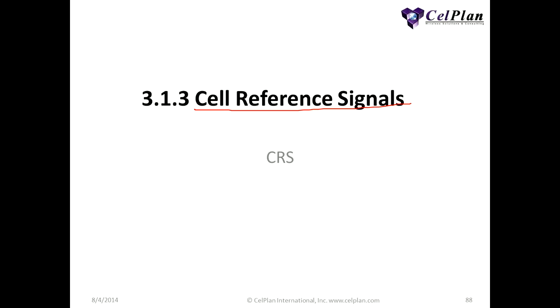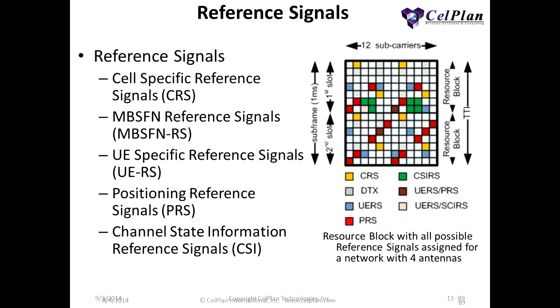Let's speak about cell reference signals. LTE has many reference signals, and here is a list of them. We will concentrate on the cell-specific reference signal because this signal is the one used to decode the information that was sent. It's like a pilot.